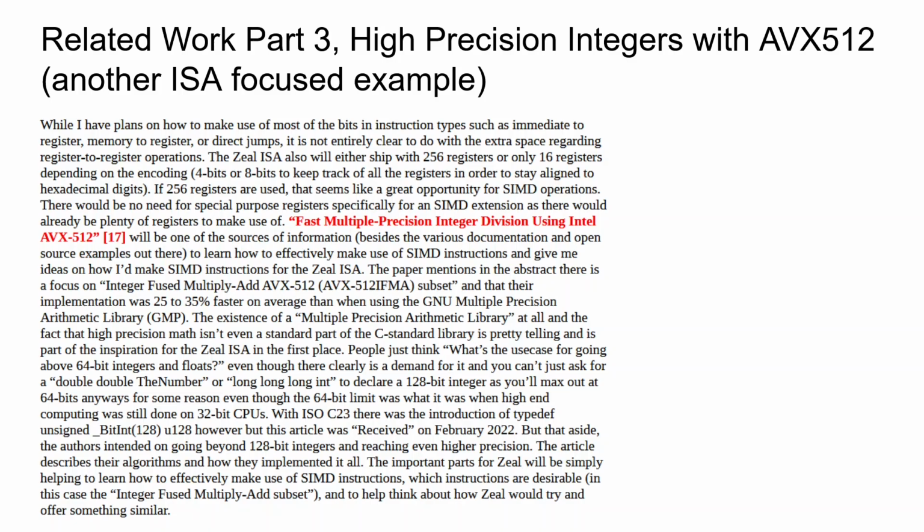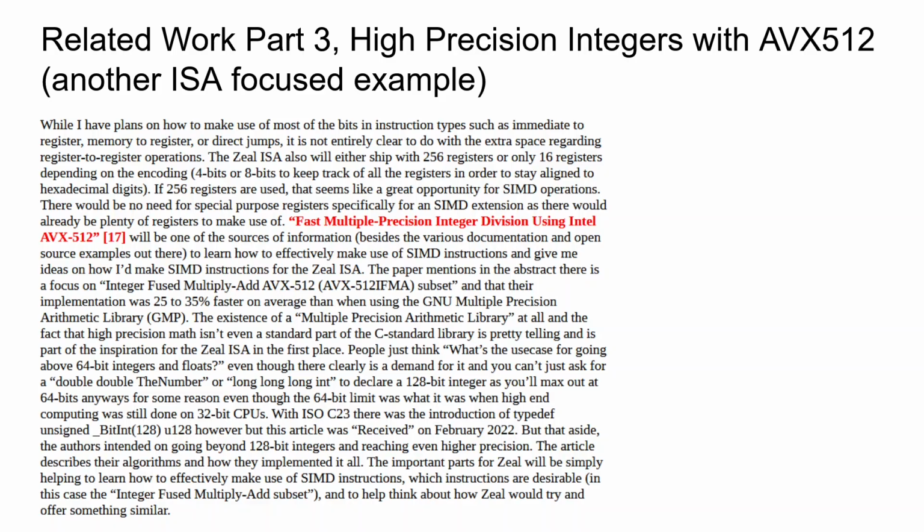He got it to work faster than the GNU multiple precision arithmetic library does, which I'm assuming is also integer based. I shouldn't say integer floats, I should say fixed precision. When you're doing decimal math with integers, it's probably fixed precision. When you do it with floats, it's floats.